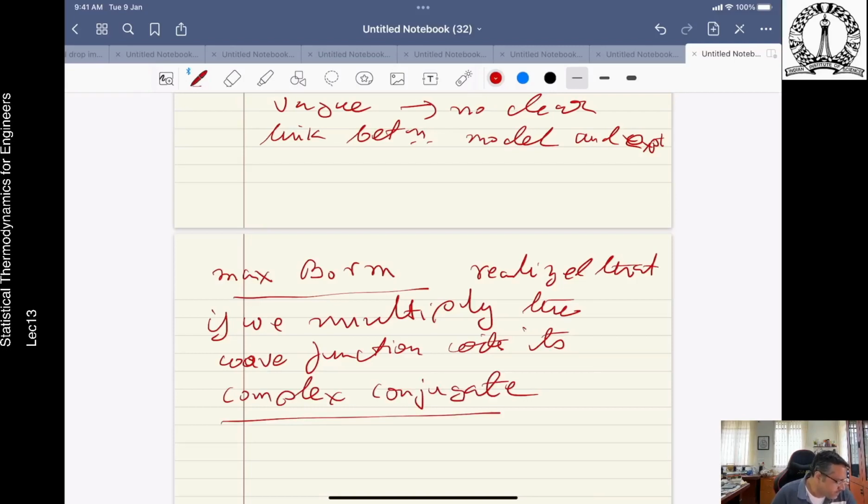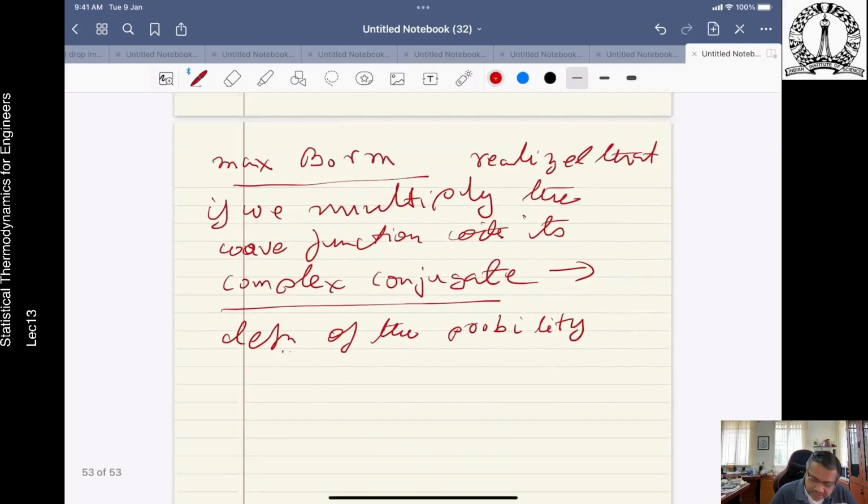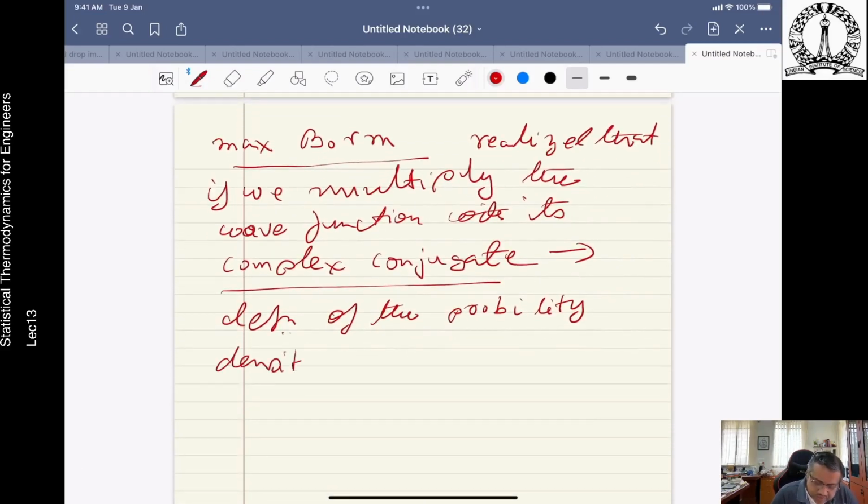Okay? It basically led to a definition of the probability density function, a probability density function for particle behavior.